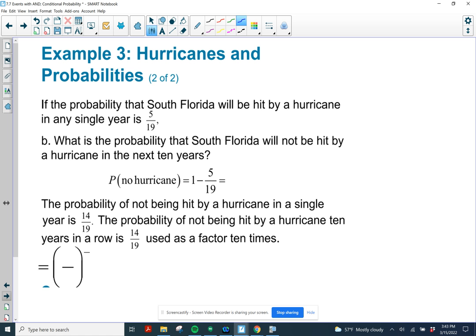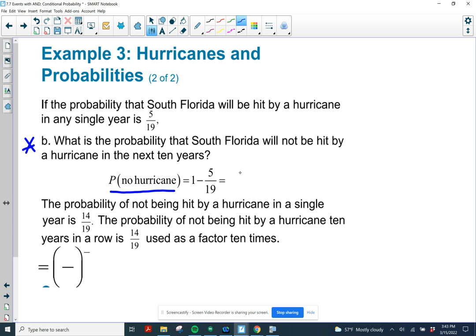If the probability that South Florida will be hit by a hurricane in any single year is 5/19, we're going to ask this question right here. What is the probability that South Florida will not be hit by a hurricane in the next 10 years? So that would be 10 years in a row with no hurricane. What I'm going to do is find the probability of no hurricane by taking 1 minus the probability of a hurricane, right? Remember that from last time?